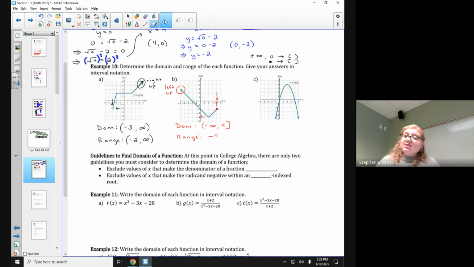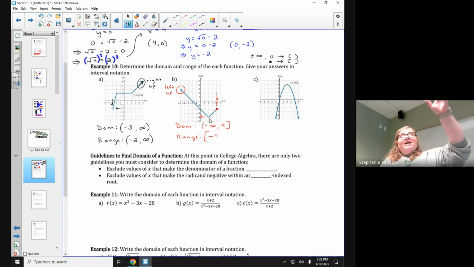The fact that it's not open tells me that it's closed. If it were open, it would be very clearly and distinctly open, like this one. The fact that there's not an open circle here makes me assume that it's closed. So I'm going to go ahead and give that -4 a bracket. And then the fact that that arrow goes forever up again tells me that my range goes to positive infinity.